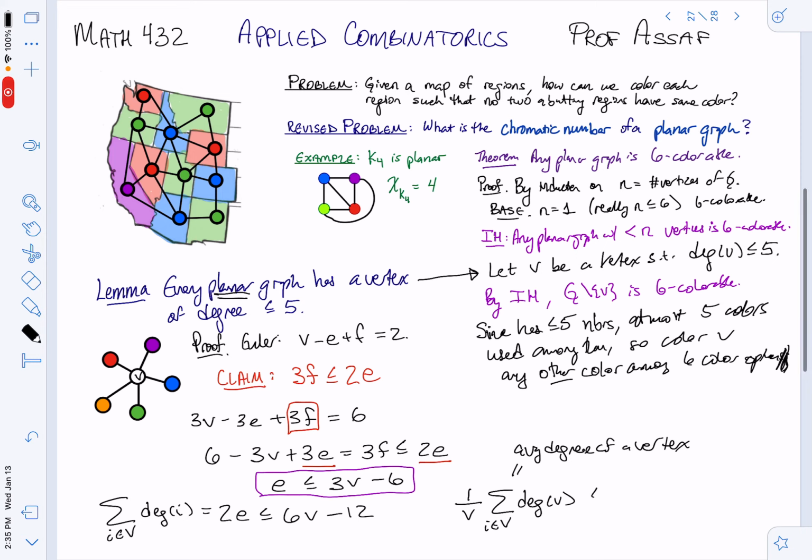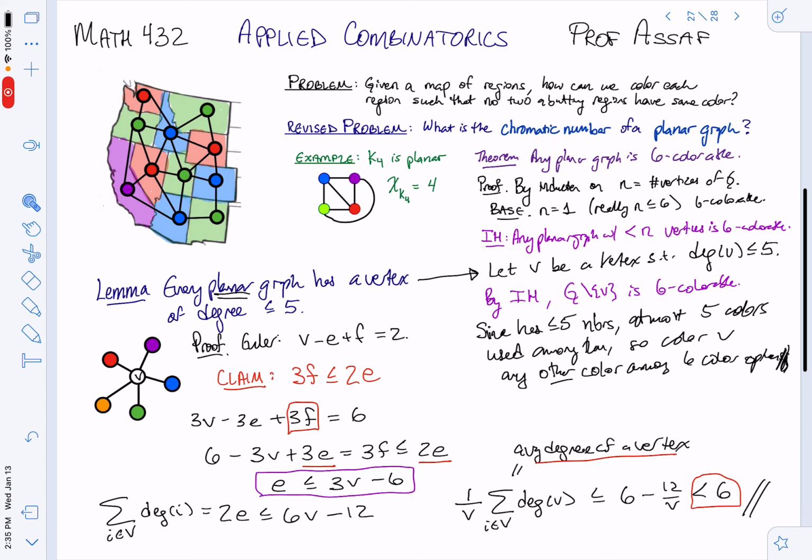This is less than or equal to, dividing the other side, 6 minus 12 over v, which, whatever that is, it's less than 6. So if the average degree is strictly less than 6, that means there has to be at least one vertex that has degree less than 6. And that concludes the proof. So that's the proof of the lemma.